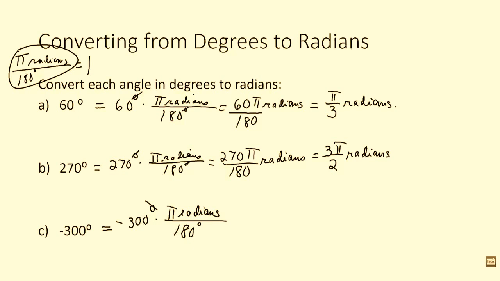Upon simplifying, we have negative 330 over 180 pi radians. We simplify this, and we get negative 11 pi over 6 radians.